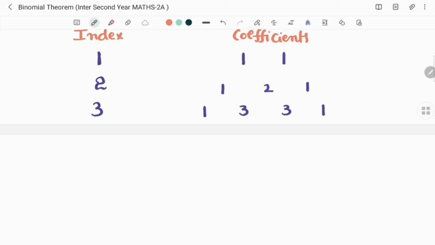So in this, each row begins and ends with 1. Here in this, join like this and join these two: 1 and 1, starting with 1 and ending with 1, adding these two. Here also join these two. The sum of 1 and 2 will be 3. The sum of 2 and 1 will be 3.